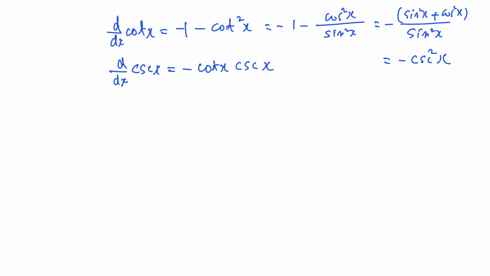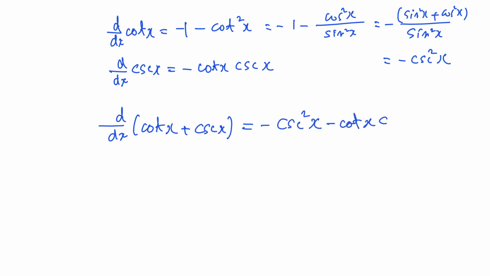So what do we get? d/dx of (cotangent x plus csc x) is minus csc squared x minus cotangent x csc x, which is minus csc x times (cotangent x plus csc x), right?